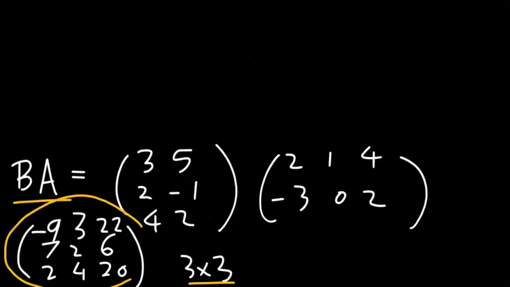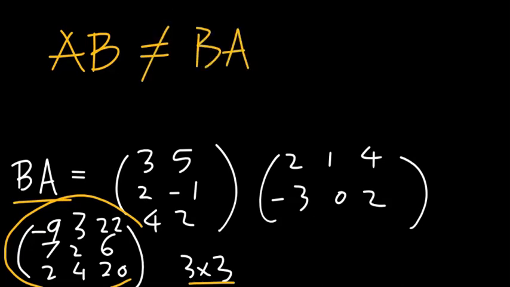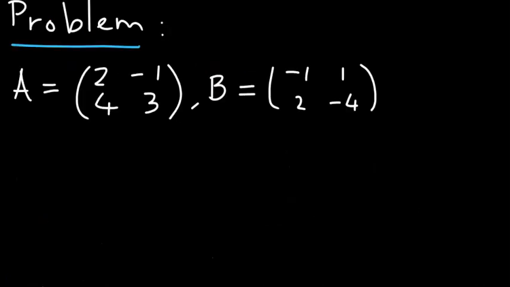That indicates generally in matrix multiplication, if you have two matrices A, B, you multiply them in that order, that is not necessarily the same as B times A. So in general, in matrix multiplication, the commutative law is not satisfied. Let's look at the following problem. You have matrix A defined by that, and B is given by that.